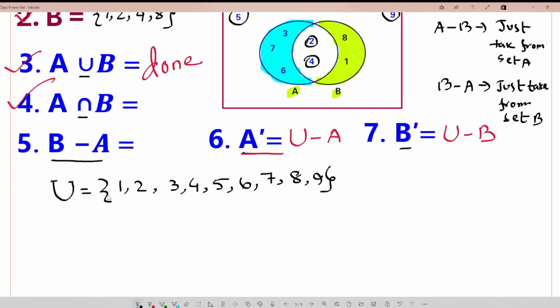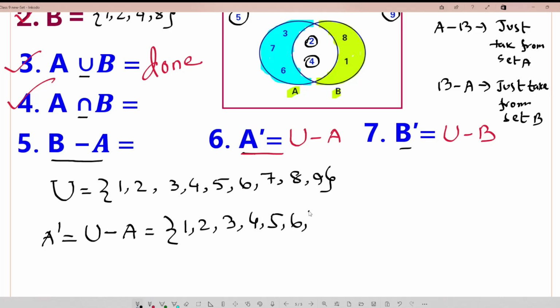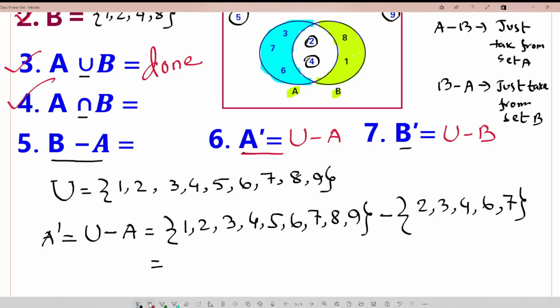So once we make the complement set of A, it means A complement equals universal set minus A. The universal set is 1, 2, 3, 4, 5, 6, 7, 8, 9, and set A is 2, 3, 4, 6, 7. From here, look, 2, 3, 4, 6 and 7 are common.